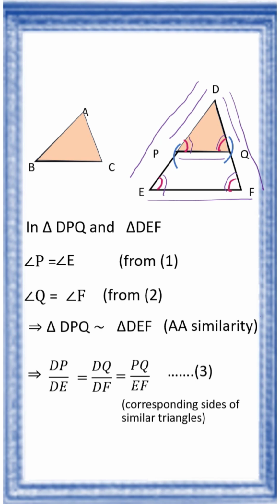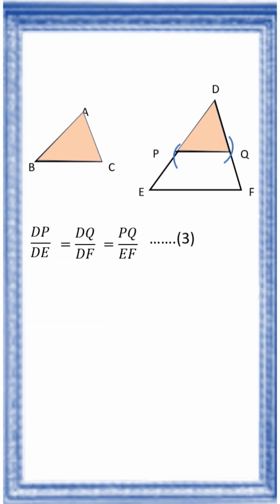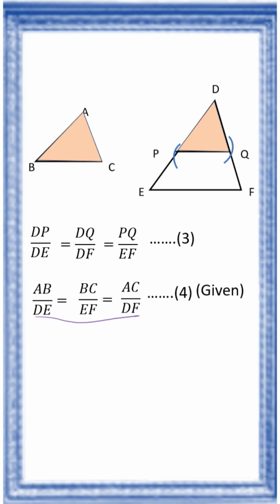Now we have already been given that AB by DE is equal to BC by EF is equal to AC by DF. Let this be equation number 4. Why is this ratio correct? It has been given, so I have written like that.